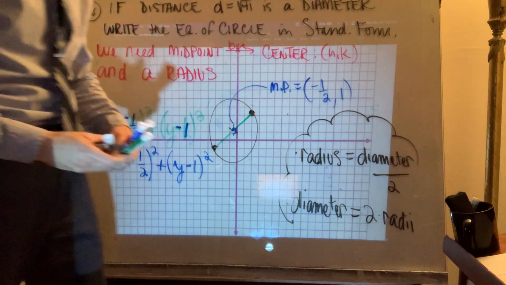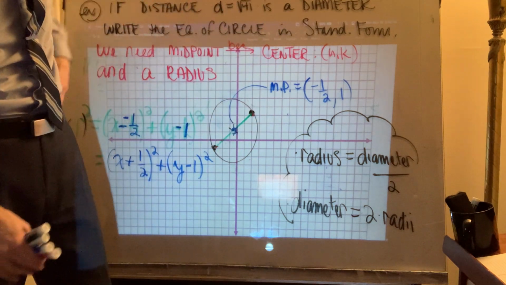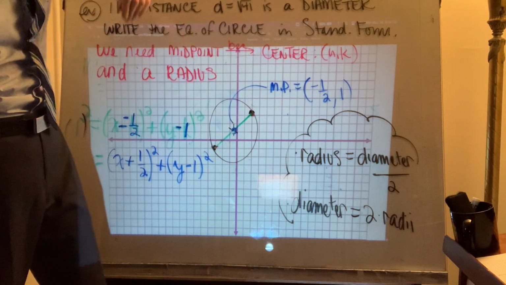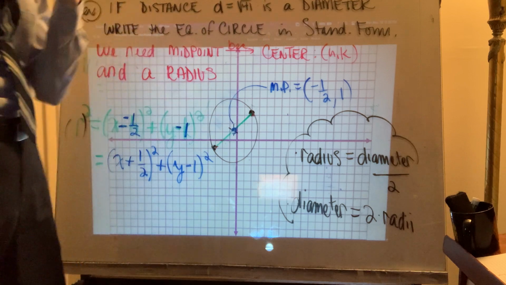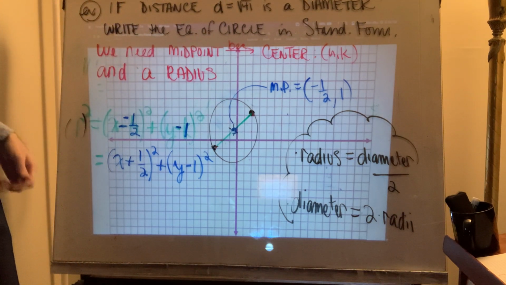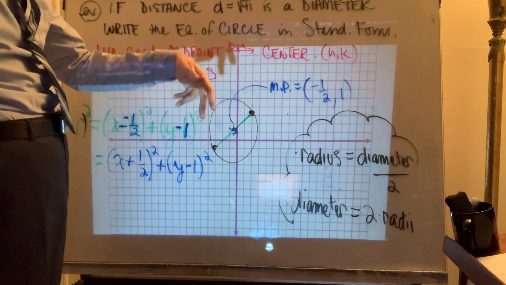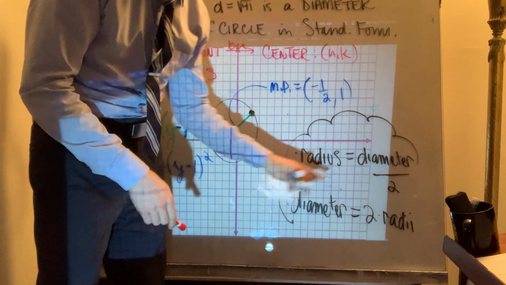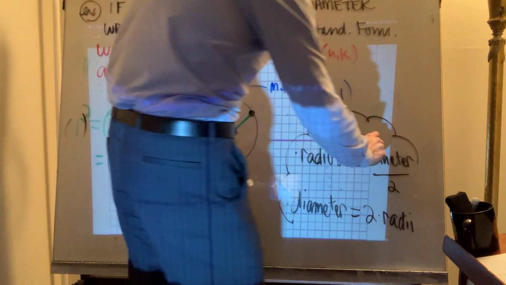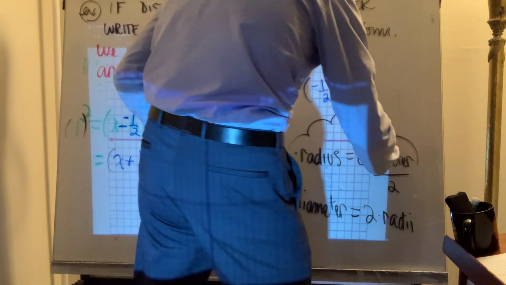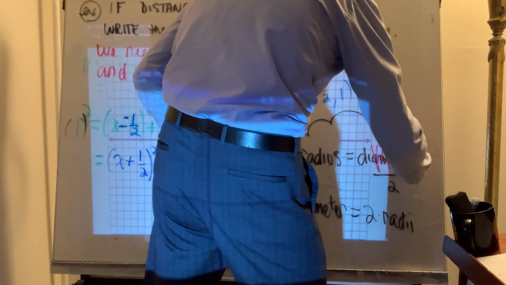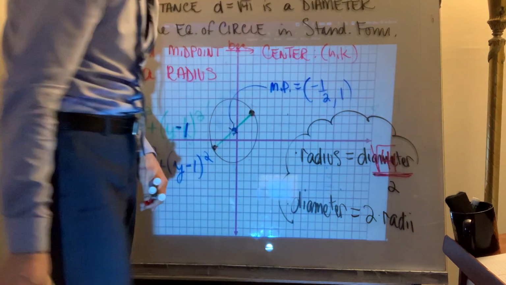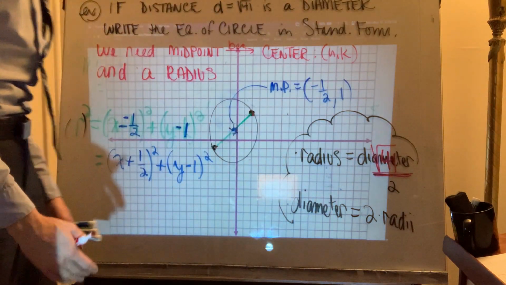All right? So we're going to have to take the figure that we have, square root of 41, and then appropriately divide it by 2. Right? So over here, if our diameter is in fact square root of 41, you would put a 41 in place of a diameter. And then remind yourself that it's over 2. Right?